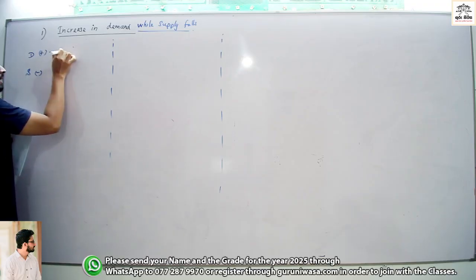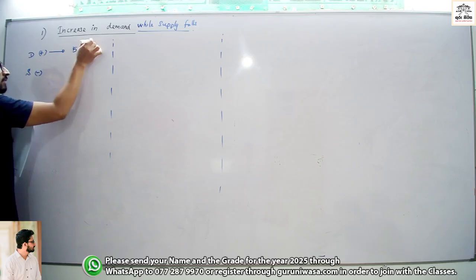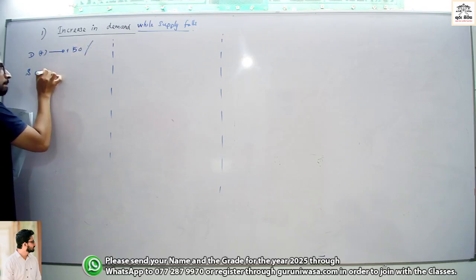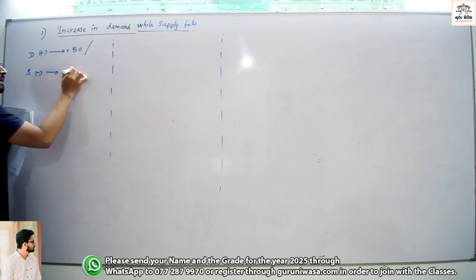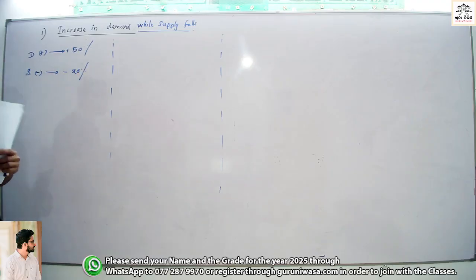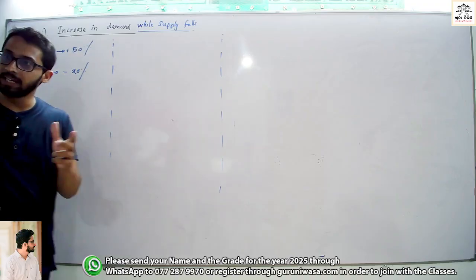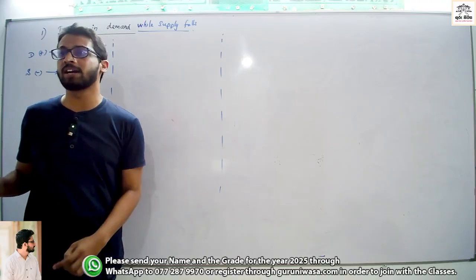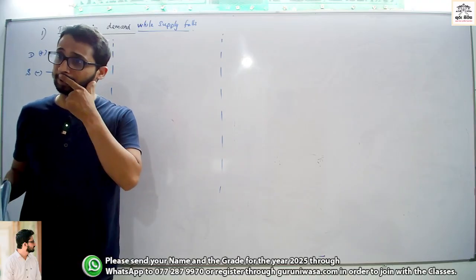Assume demand increases by 50%, and supply decreases by less than 50%, say 20%. Demand increases faster than supply falls. Opposite directions, and the rates are also different.